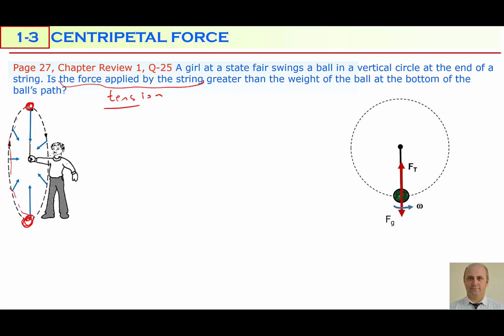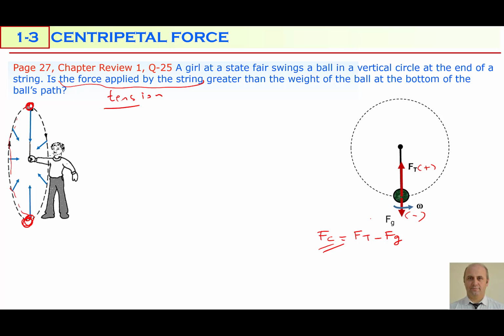Remember, a force towards the center provides a positive contribution, but away from the center, a negative contribution. So the centripetal force Fc is equal to Ft minus Fg. Ft minus Fg means Ft must be greater than Fg, and only in this case can you get a resultant force.